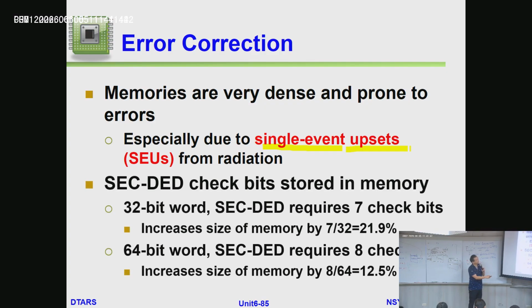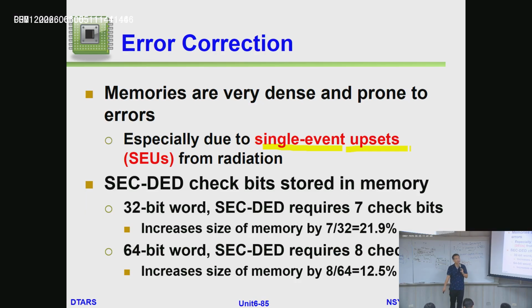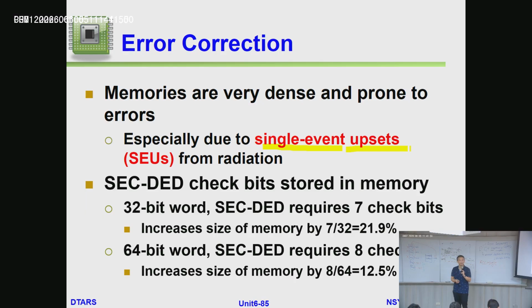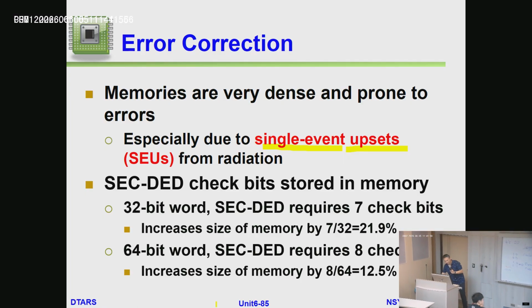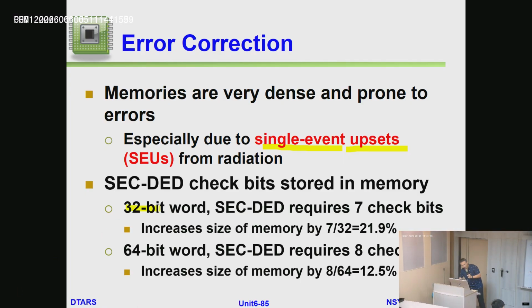And here one important concept is that it will need more check bits embedded into your memories. You can see that if we have a 32-bit word, this is your original signal with 32 bits. Then if you want to apply SECDED, you will need 7 additional check bits.